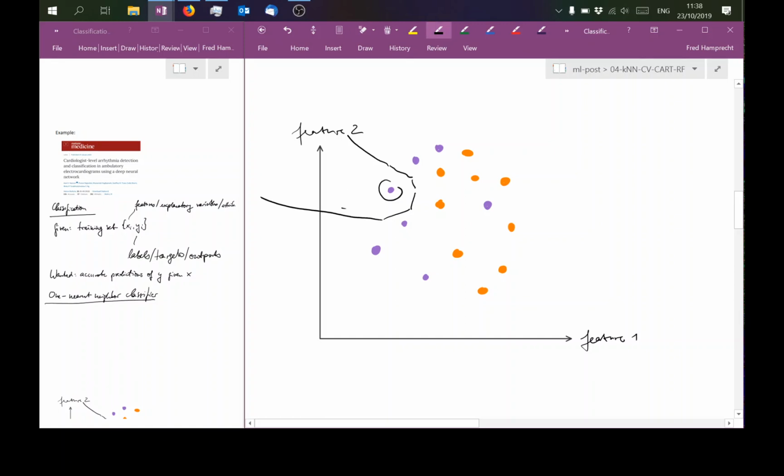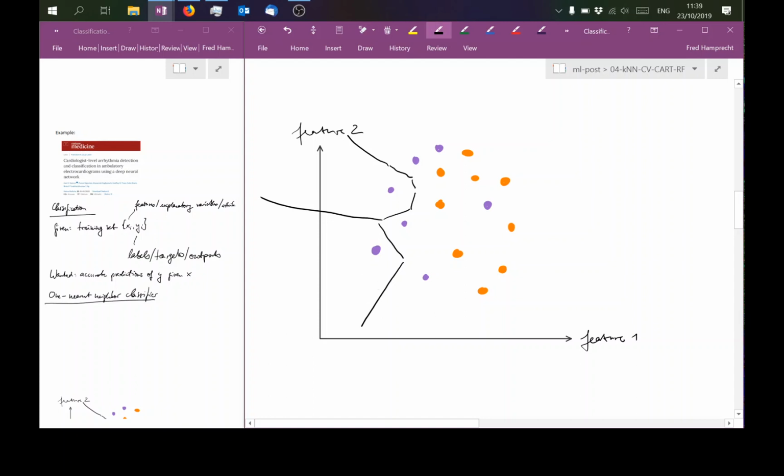So I would say broadly, or approximately, this region here is the set of points for which that purple point that I had circled is the nearest neighbor. And similarly, I can do it for this point. I find a region for which that point is the nearest neighbor, etc.